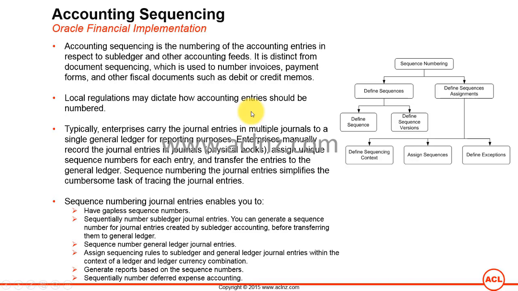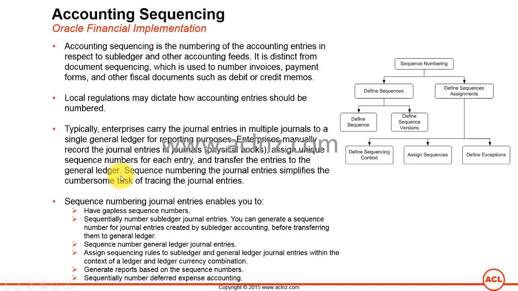Enterprises manually record the journal entries in journals, which are nothing but the physical books, assign unique sequence numbers for each entry, and transfer the entries to the journal ledger. Sequence numbering the journal entries simplifies this cumbersome task of tracing the journal entries.